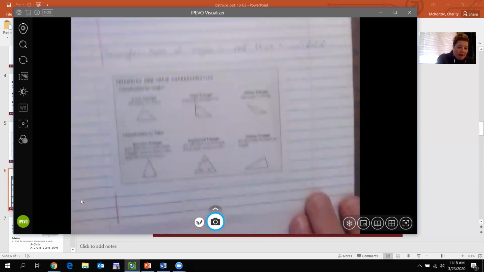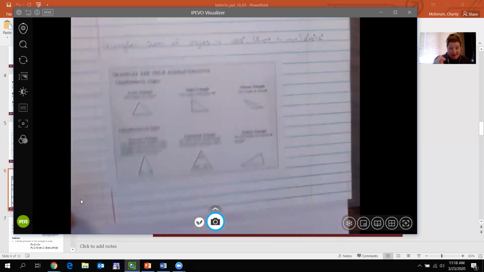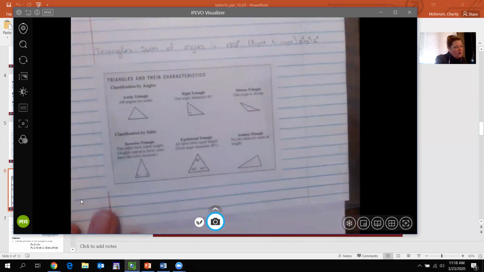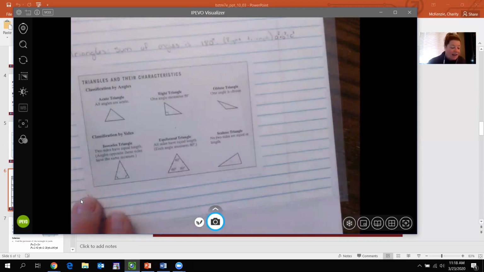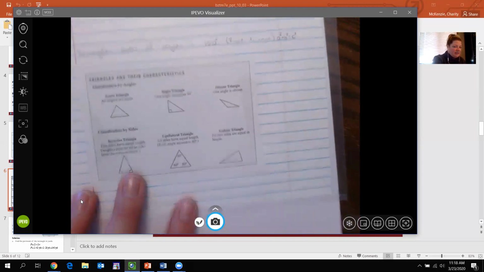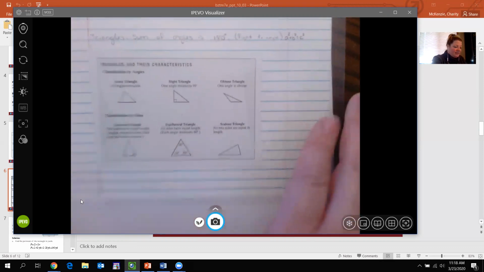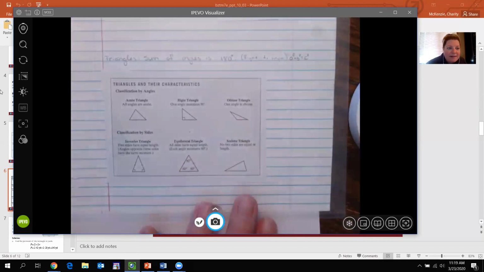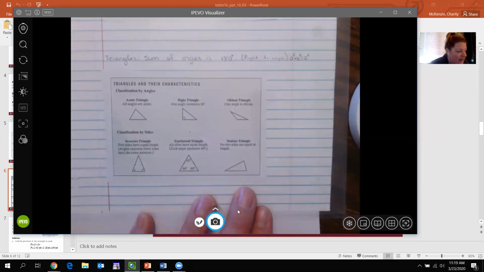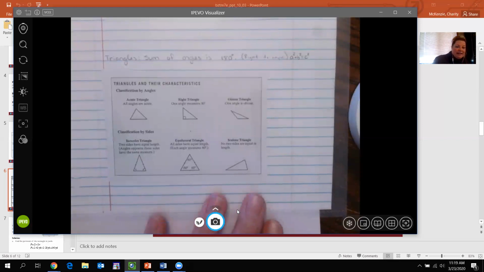I want to bring up our classifications of triangles. We're going to classify our quadrilaterals, so I would like you to also classify your triangles. Now I don't remember how to make it zoom in. Oh well, it is what it is.